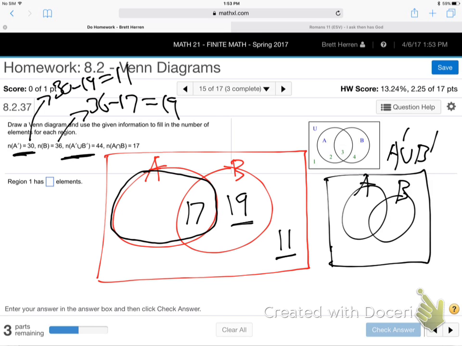What's not A, first off? Well, it'd be all of this. Isn't that all not A territory? Everything outside of A, right? Okay, and now let's do the not B. So I'm going to do everything not in circle B. I don't care about circle A, I'm just skipping circle B. So this is not B.